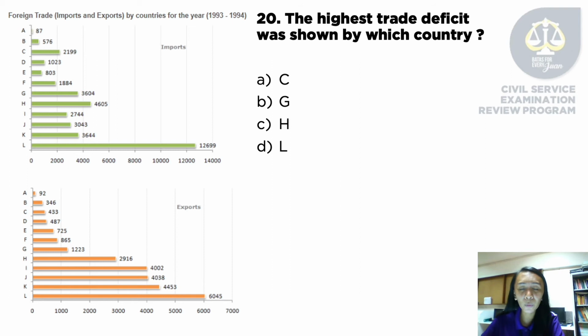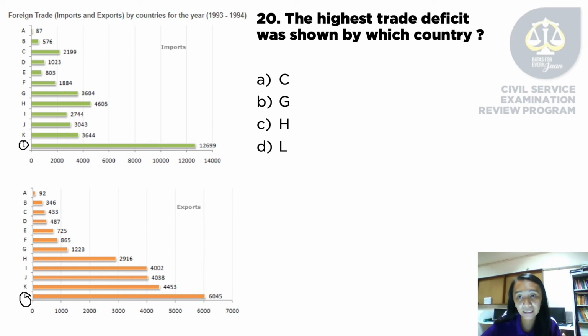Question number 20. The highest trade deficit was shown by which country? Visually, it is very clear that country L has the highest trade deficit, because its imports are 12,699 and its exports are 6,045. When you subtract them, the trade deficit is around 6,000.